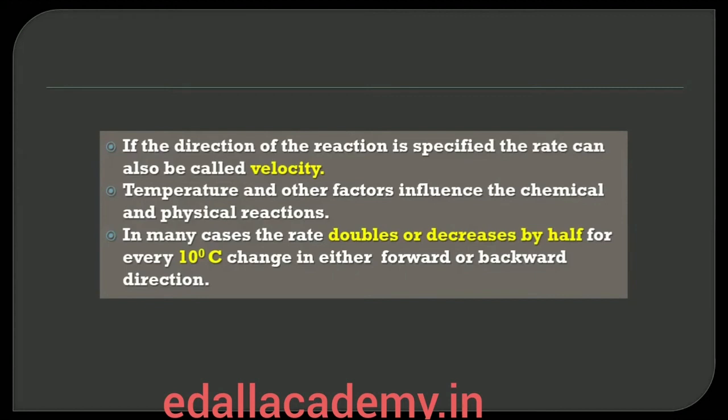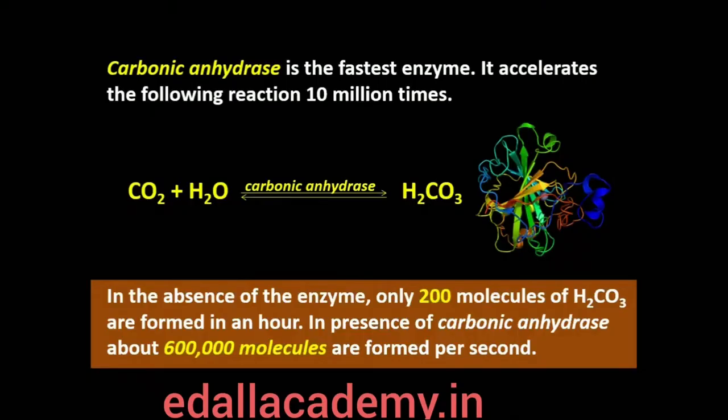When enzyme-catalyzed reactions are observed, the rate is vastly higher than the same but uncatalyzed reactions. For example, carbon dioxide with water, in the presence of carbonic anhydrase, gives carbonic acid. Refer to the equation, it is given very clearly.